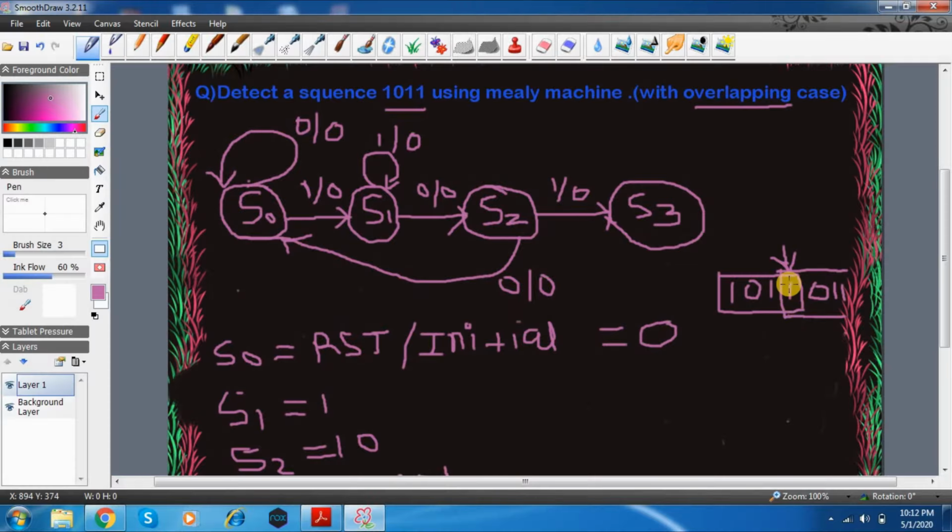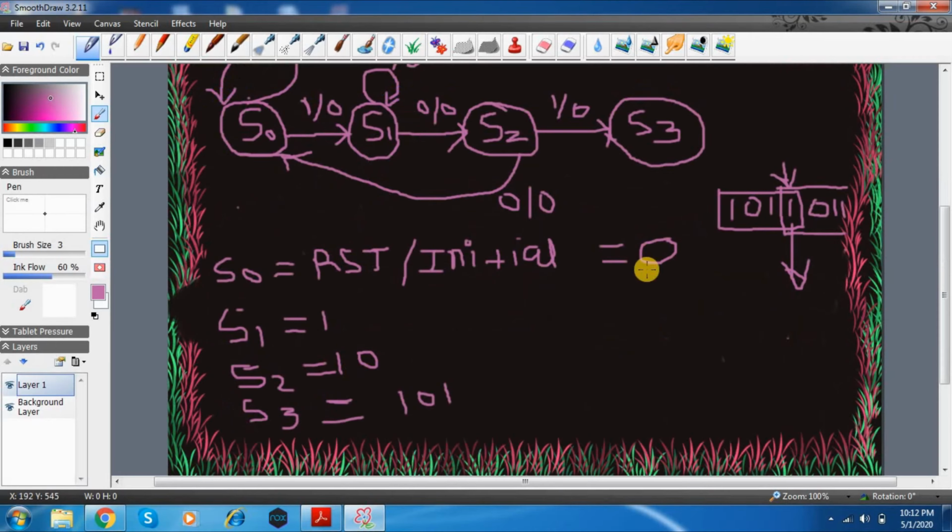So till now we received 1 0 1. When we receive this 1, what to do? Apply the formula. Is there any state holding 1 0 1 1?